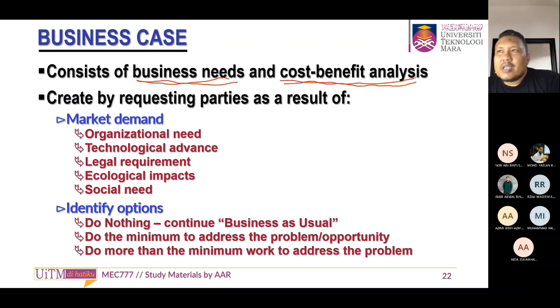So under the identified options, there is do nothing. This is what happened. The options that we have, I think you all are aware about this. Identify the option. Instead of do something, do nothing. Malay always said like this. Actually this is a global motivator.